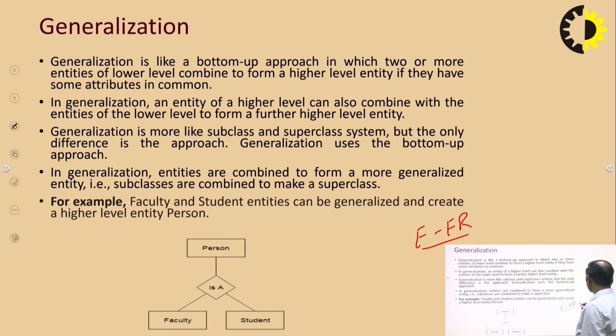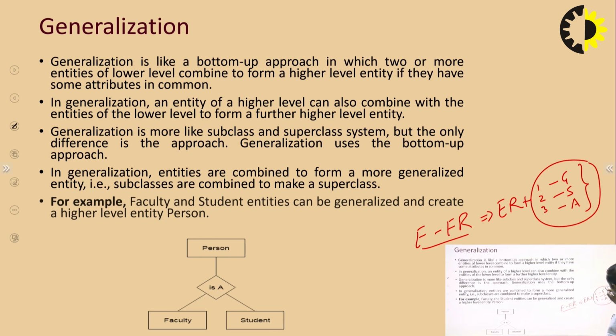It is a simple ER diagram plus these 3 properties: generalization, specialization, and aggregation. If we include these 3 major specialties in the ER diagram, it is called an extended ER diagram.